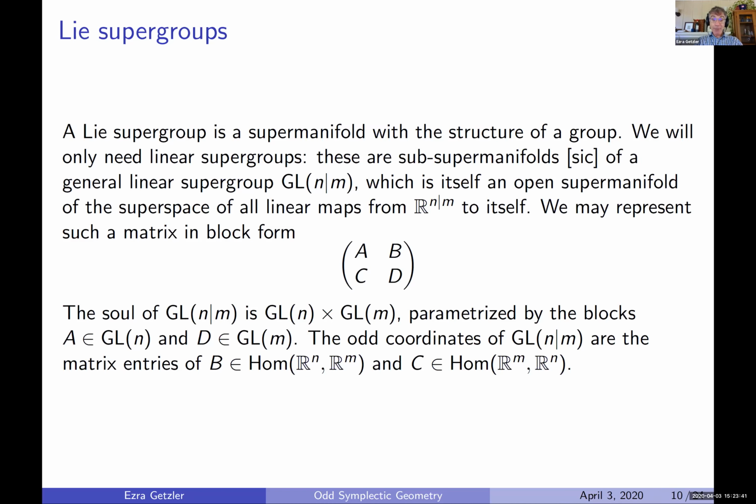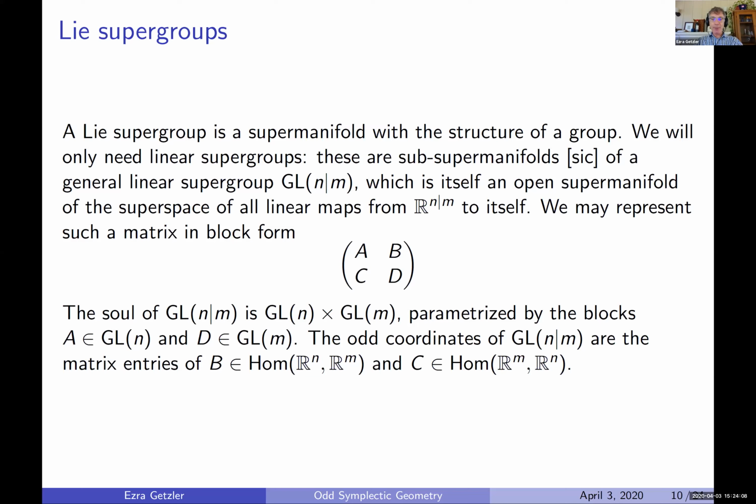So what is that? Well, we can look at all endomorphisms of the superspace R^{n|m}, and maybe I should have made that clearer. Endomorphisms of R^{n|m} is a superspace itself. It's also a super algebra, but not commutative, of course.